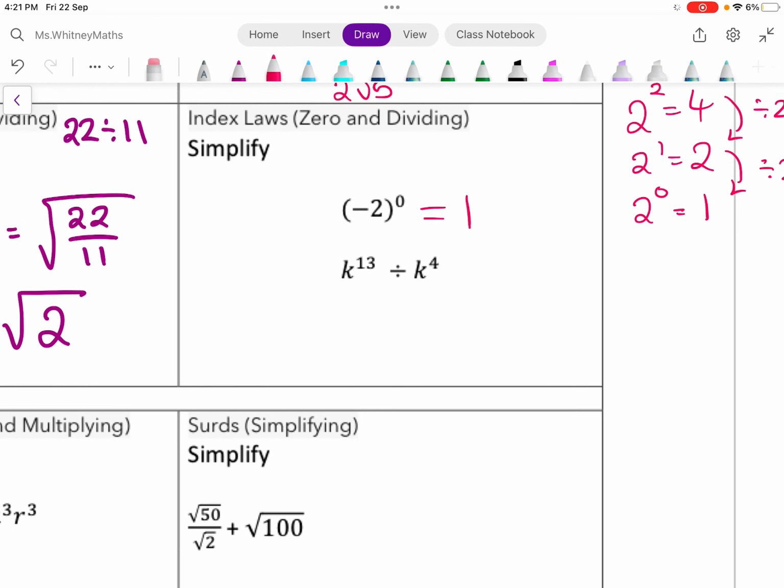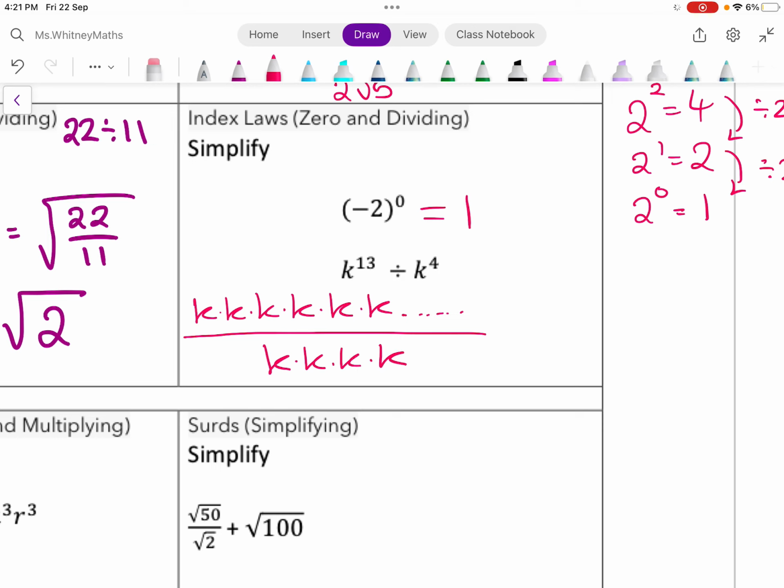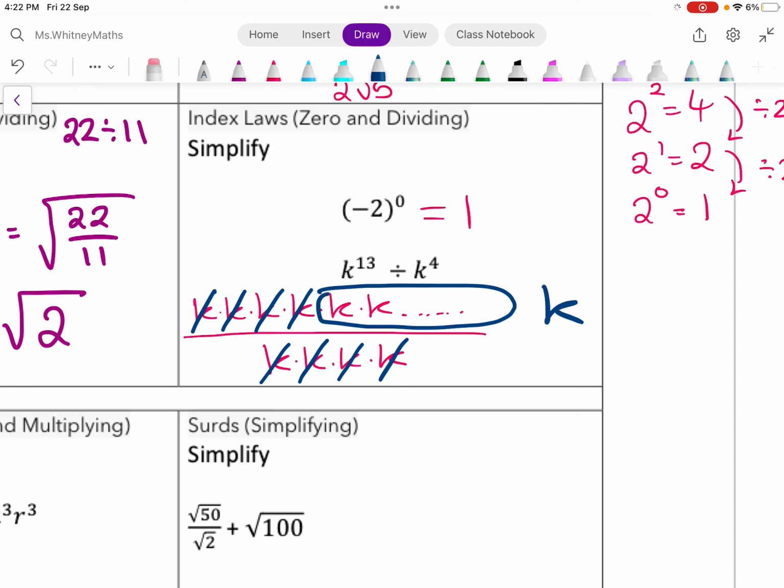Because in theory, if we wrote out k times k times k times k, and on, divided by k times k times k times k, and we had 13 on the top and 4 on the bottom, 4 of these would cancel, and we would be left with k to the 11, which is the same as doing k to the 13 divided by k to the 4, k to the 11. We have subtracted them.